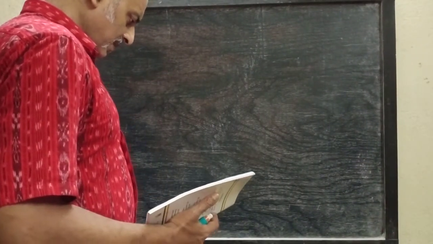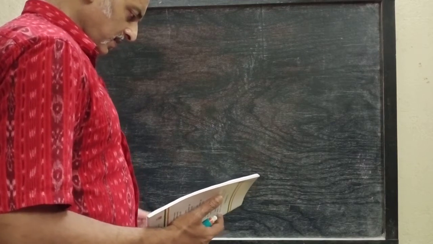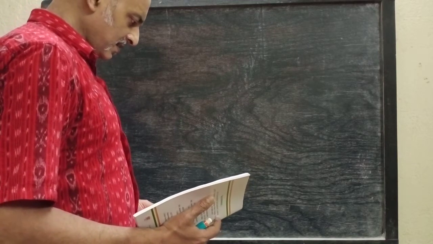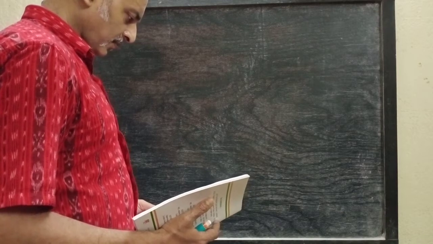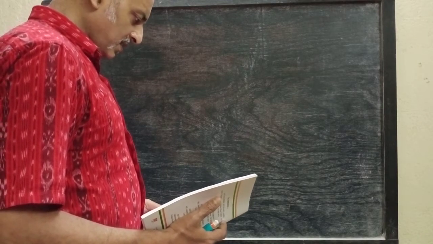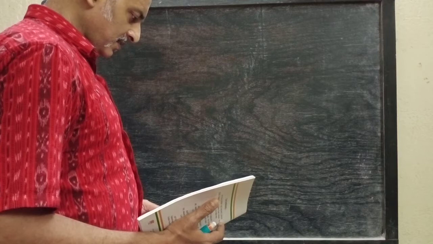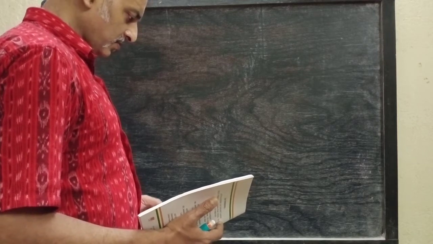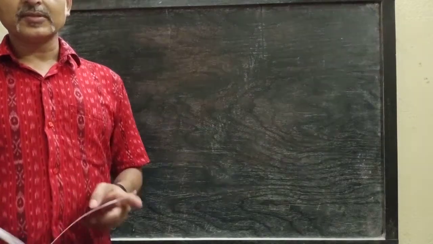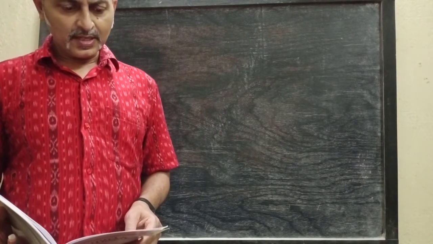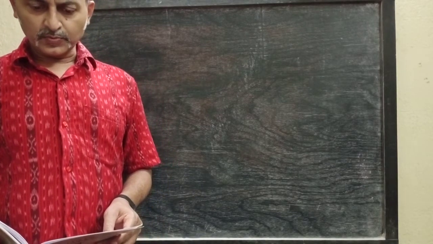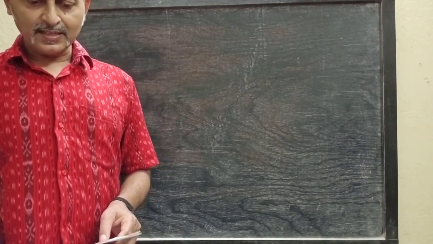The angles in one regular polygon is to that in another as 3 is to 2, and the number of sides in the first is twice that in the second. Determine the number of sides of the two polygons. According to the question, the ratio of the number of sides of the two polygons is 1 is to 2, because the number of sides of the first is twice that in the second.